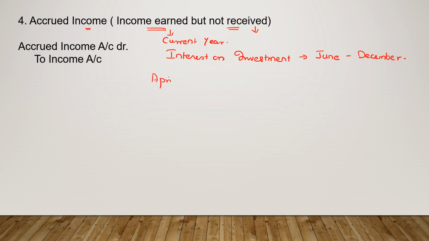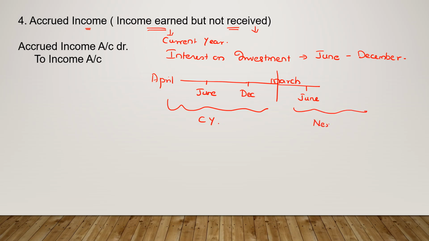It starts with April and ends in the month of March. In between this, in the month of June, one time the interest was received, and then in the month of December, again the interest was received. Thereafter, the next installment would be received in the next year in the month of June. So this is the current year, and this is going to be our next year.